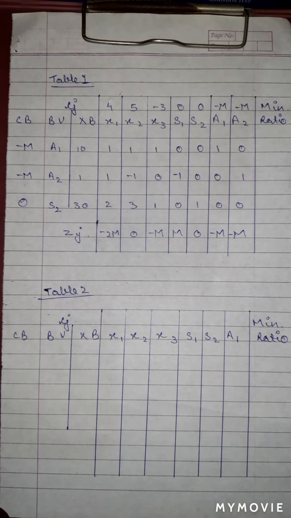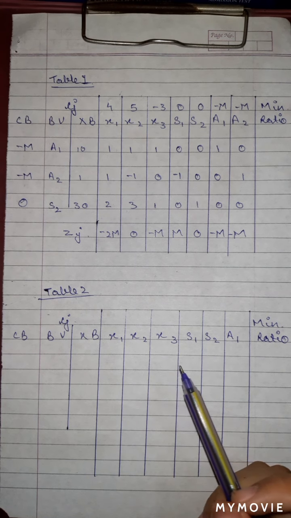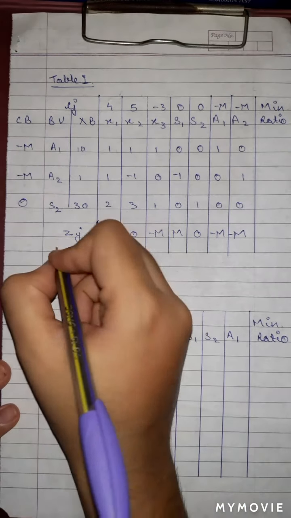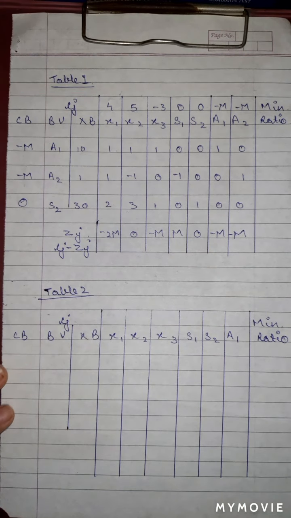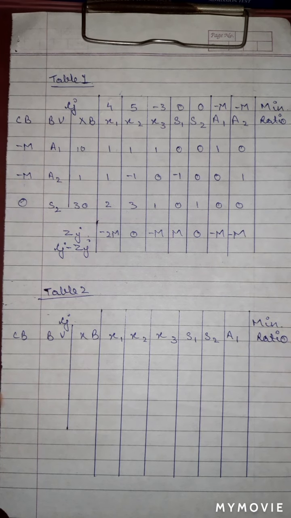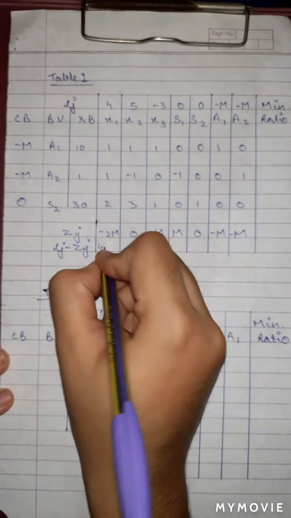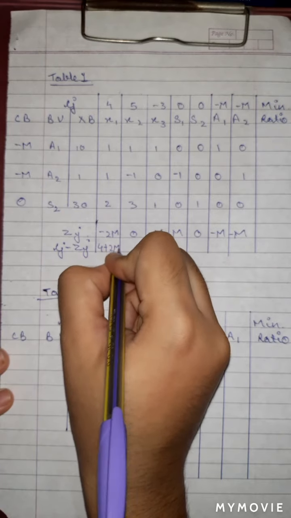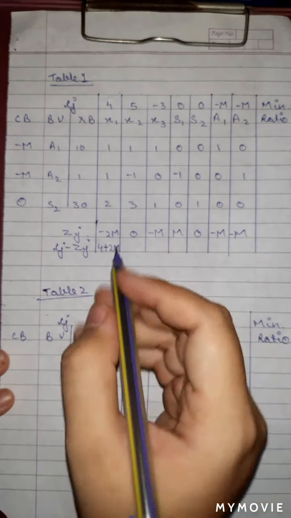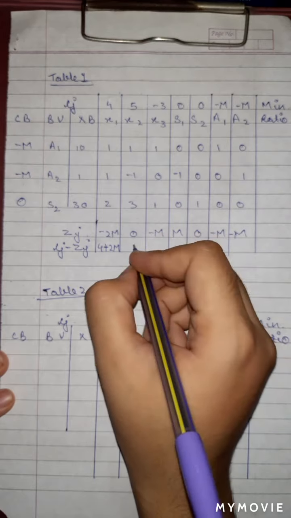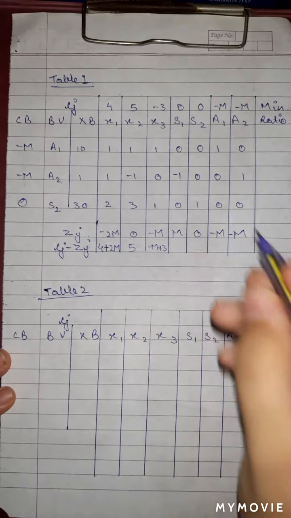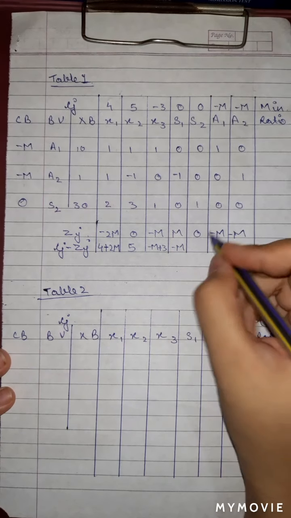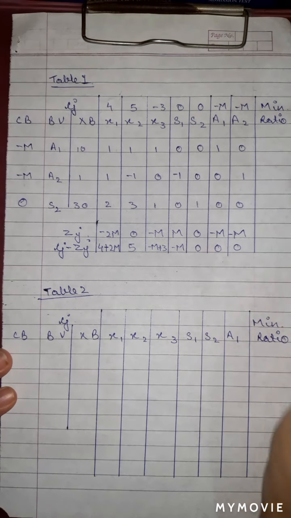Now in simplex method we used to calculate Zj minus Cj, but in big M we will be calculating Cj minus Zj. So Cj minus Zj will be 4 plus 2M and this would be 5 minus M, 3 minus M, 0, 0, 0.